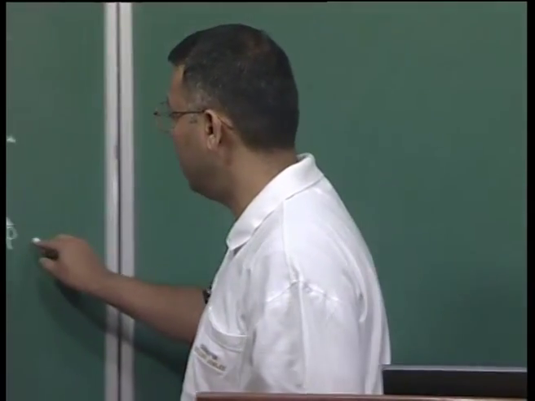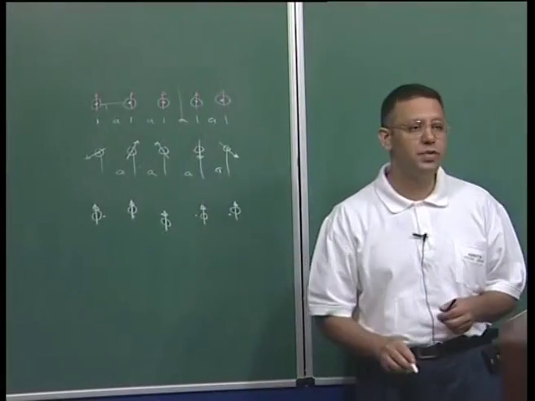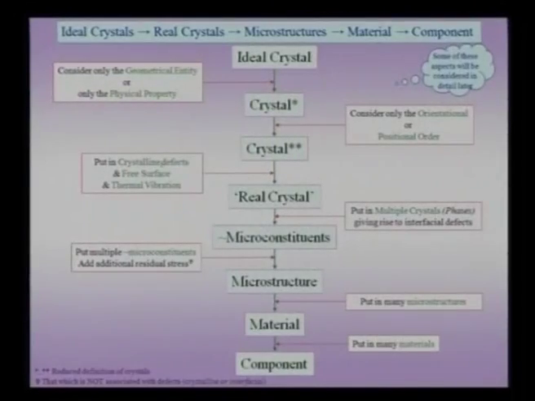If I take a snapshot of a crystal at any point of time, the picture could look like the one I have shown here. That means atoms are vibrating about their mean positions, but they are displaced with respect to their atomic positions, which I consider the seat of the lattice point. Okay. Now, therefore, there are unavoidable defects in materials like crystalline defects, free surface and thermal vibration, and therefore I could have a real crystal which has these kinds of defects.